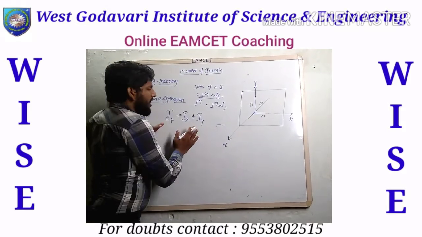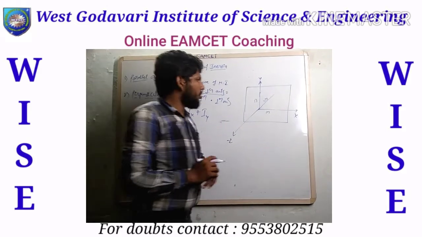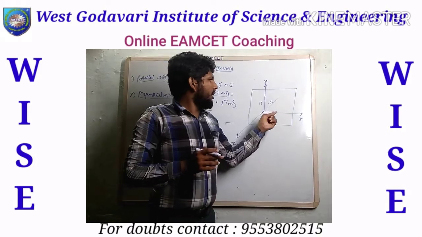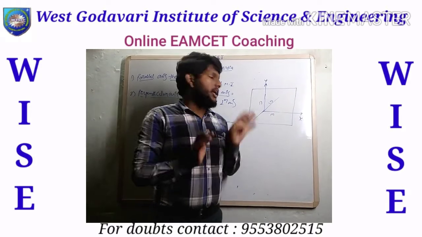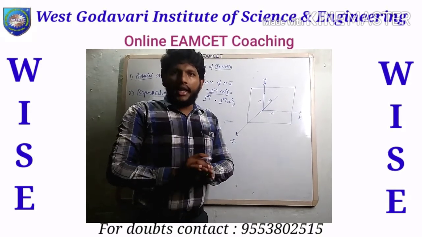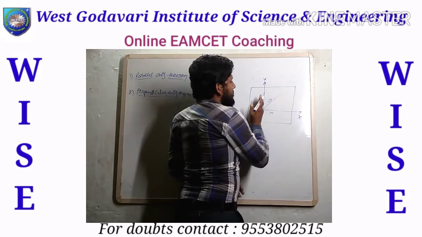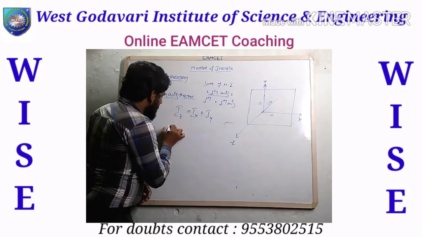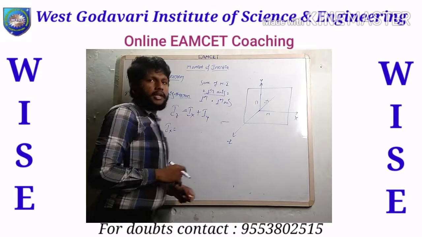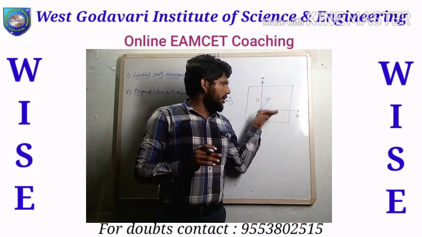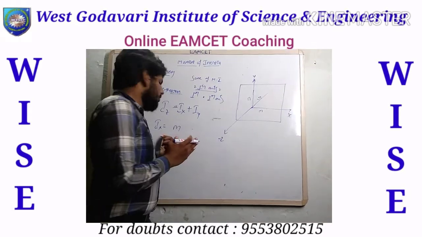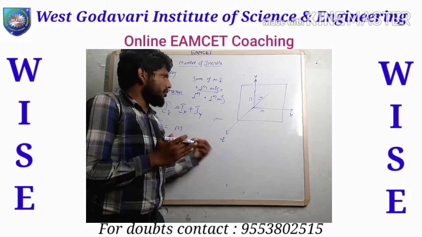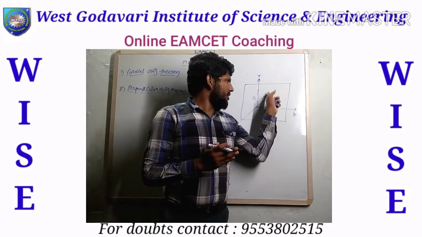Now we need to find out this equation. How? For that I will consider the Pythagoras theorem. For that I need a right angle triangle. Consider the moment of inertia in terms of the x-axis. So Ix equal to mass into square of distance between the axes.